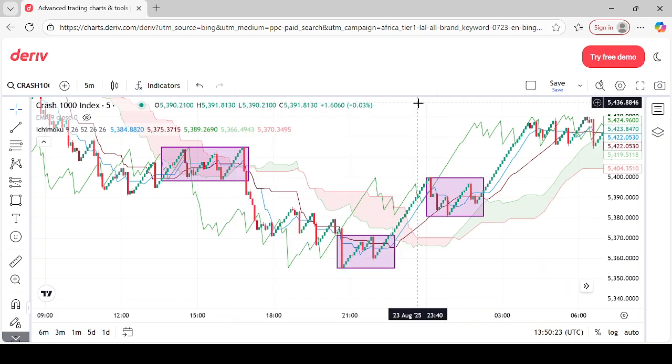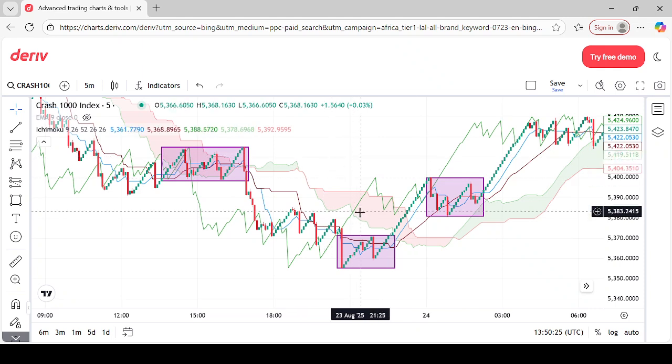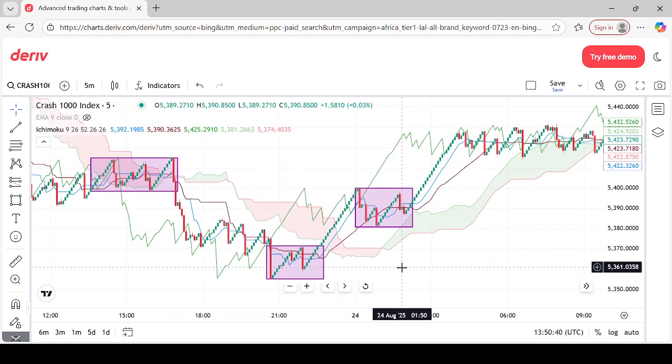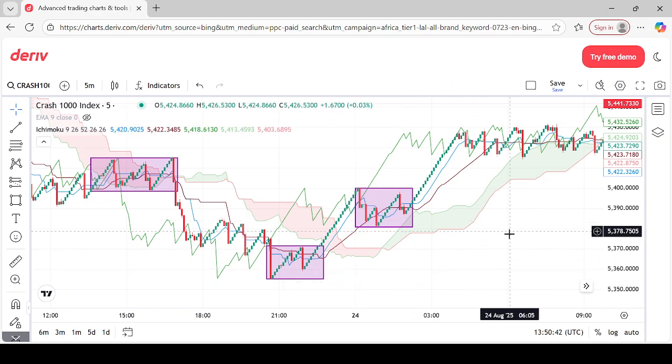You have to wait for price to approach the cloud point for a potential boom, and you have to wait for price to approach the resistance point for a potential crash. This can be a strong signal to enter your trade.